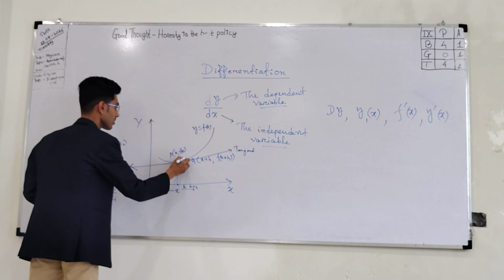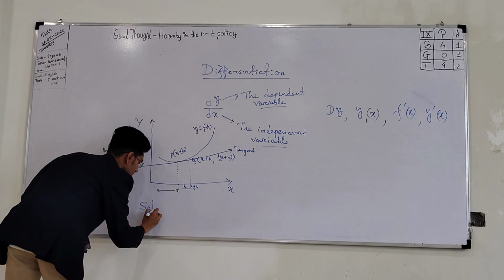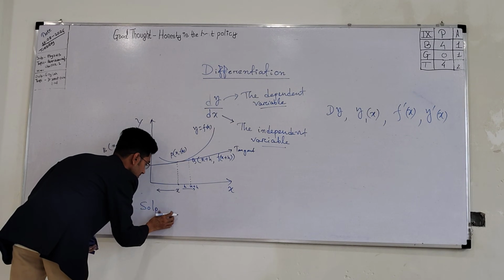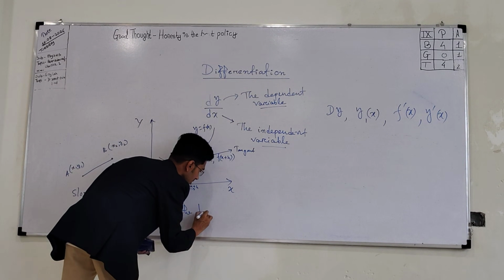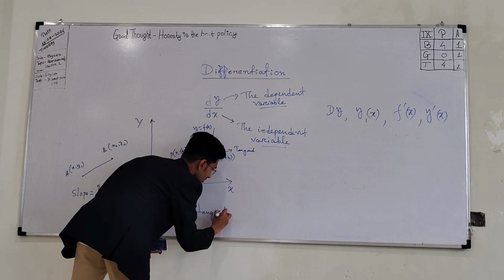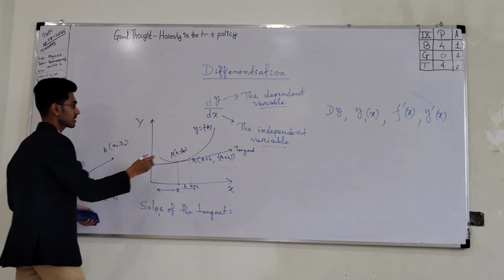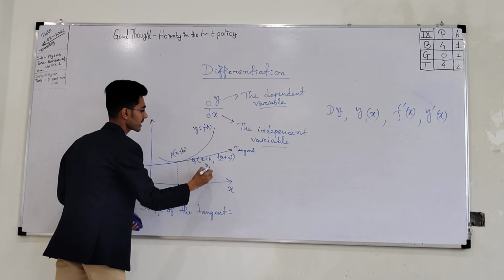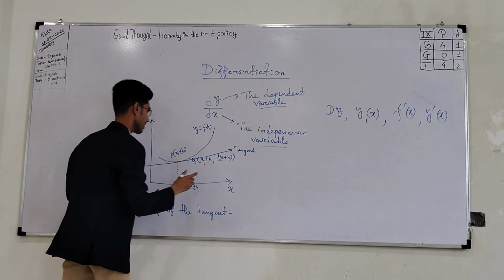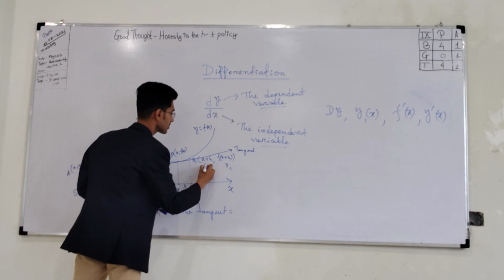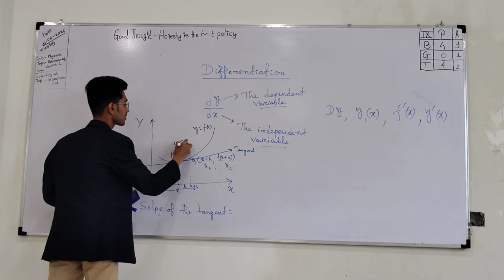If you want the slope of the tangent, we can write it like this: slope of the tangent. Let us suppose this is y2, this is x2, this is x1, and this is y1.